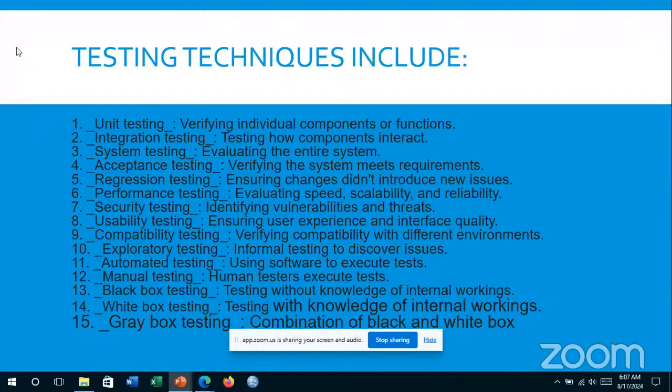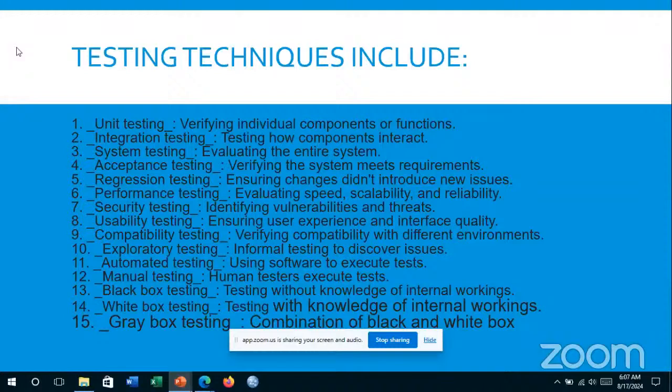Security testing, usability testing, exploratory testing, automated testing, and gray box testing, a combination of black and white box. All of these are testing techniques that need to be implemented in our practices.